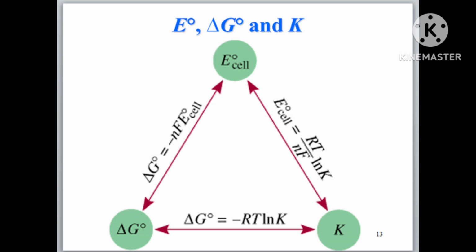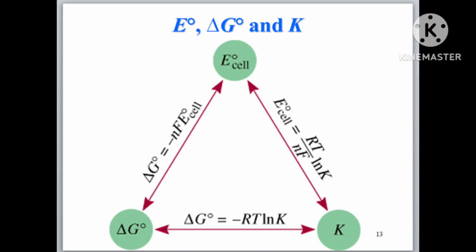Standard delta G is equal to minus RT ln K. Two relations. One relation, I told you, is related to standard E cell. Correct? Standard delta G is equal to minus nFE, E means here standard cell. And the other relation is standard delta G is equal to minus RT ln K.